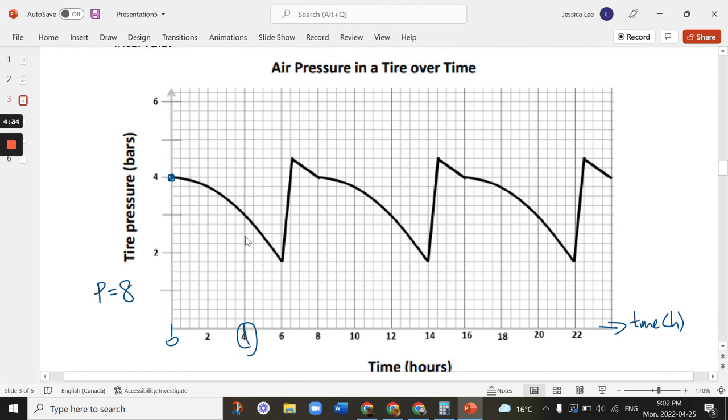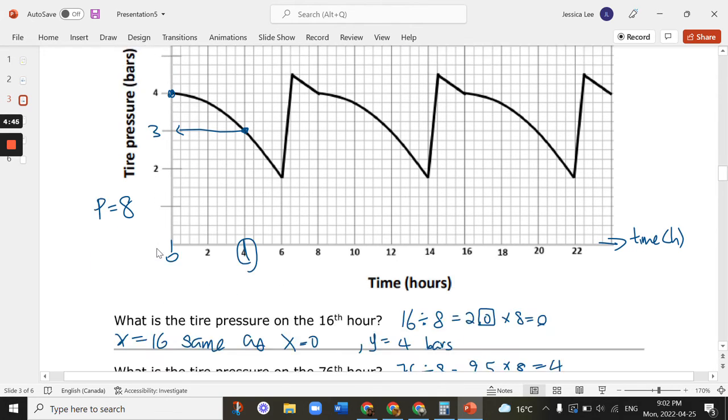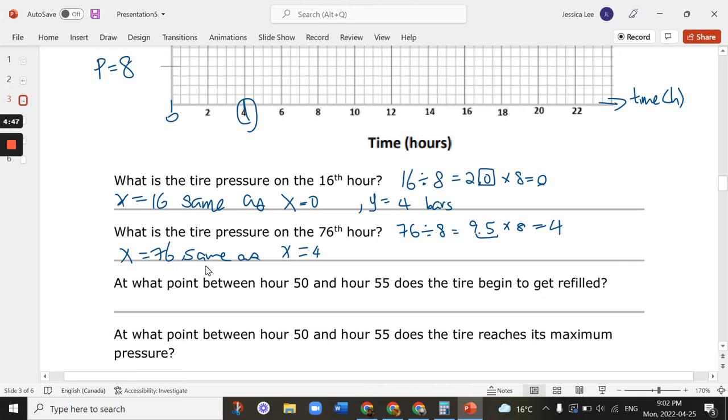So when x equals 4, I look up. My curve is right there, which corresponds to 3. So when x equals 76, it is the same as x equals 4, and the corresponding y value is 3 bars.